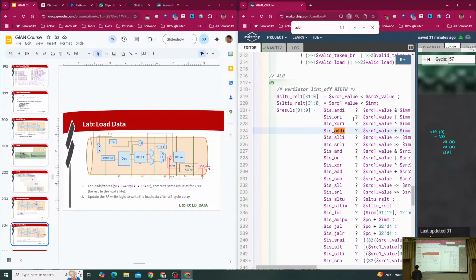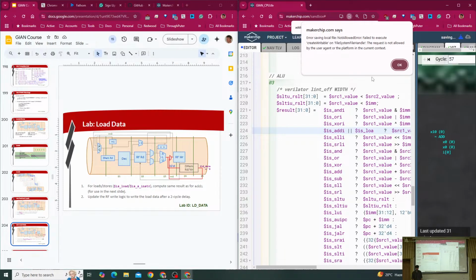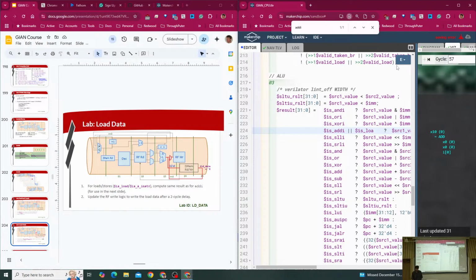So if we're add-I, or we're a load, or, forget the name of the signal.